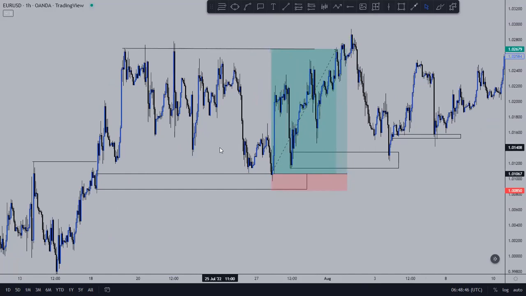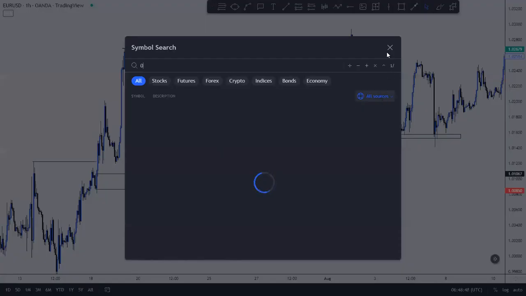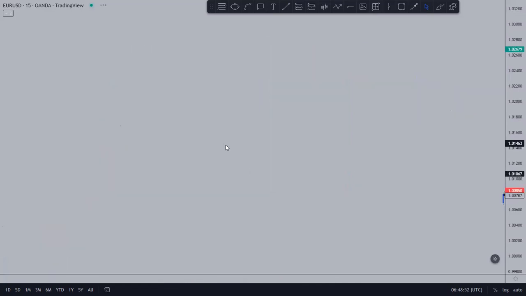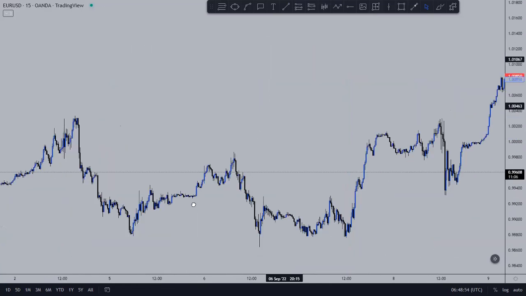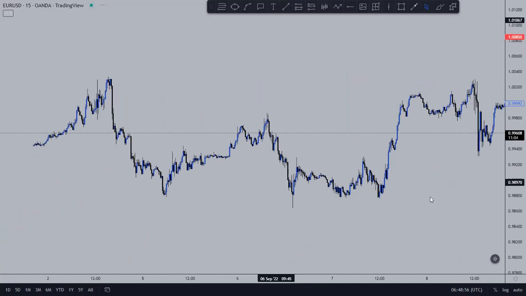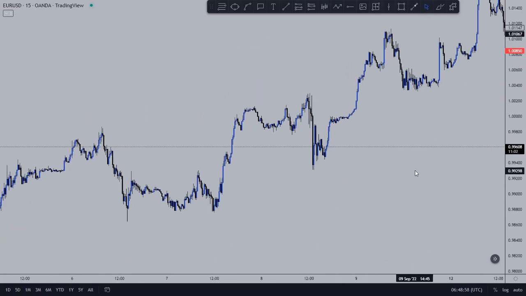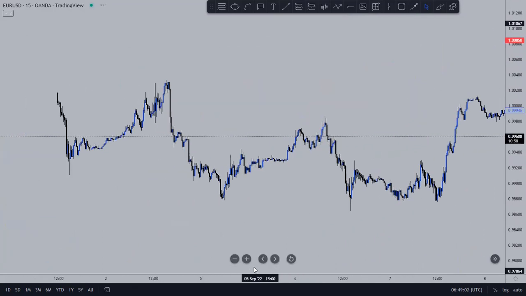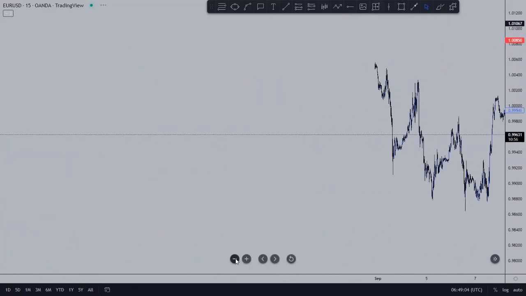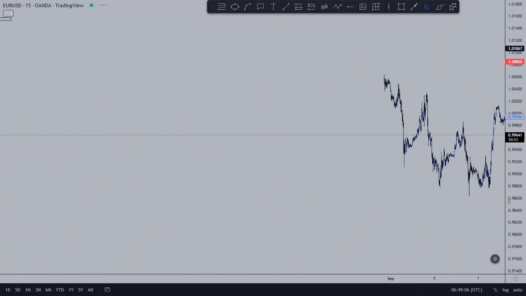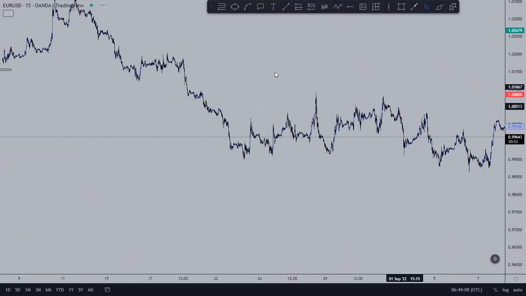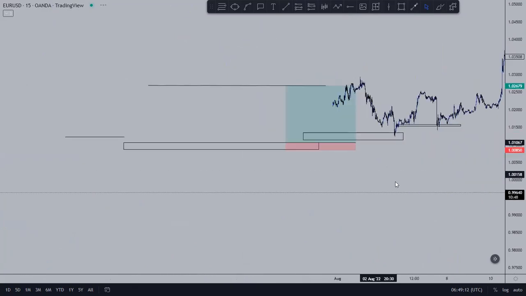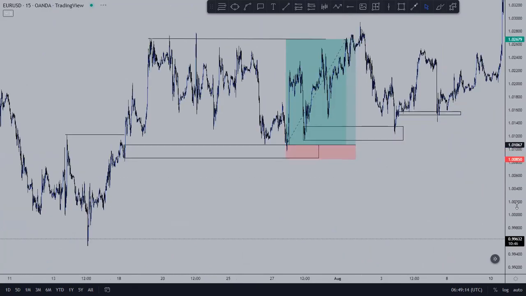So let's scale down to 30-minute or 15-minute, so that you see that you could have actually gotten a bigger reward compared to risk on that same opportunity.